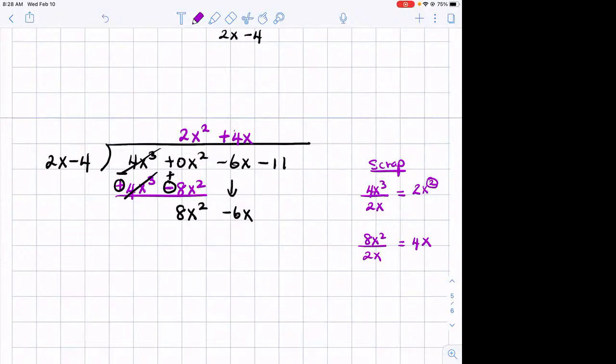And then we distribute 4x times this, and then 4x times that. You will get 4x times 2x is 8x squared, and 4x times minus 4 becomes minus 16x.